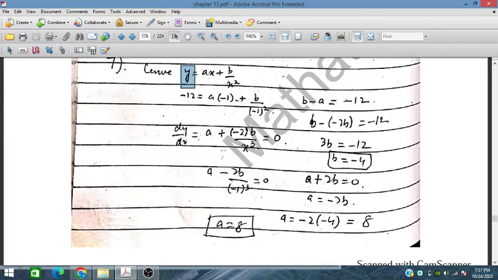Now taking the first order differential, we differentiate this with respect to x to get this one.